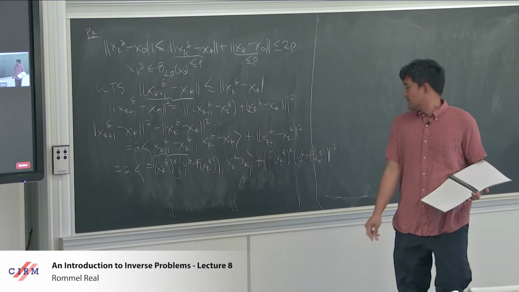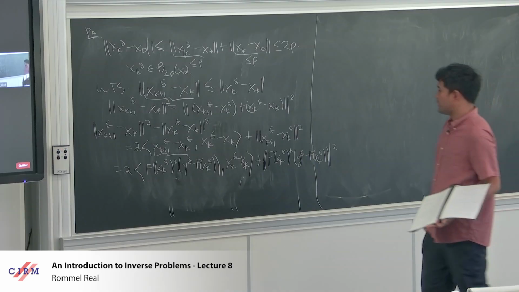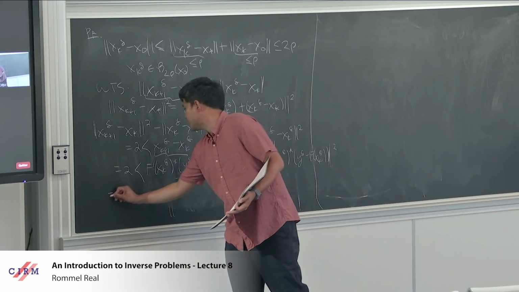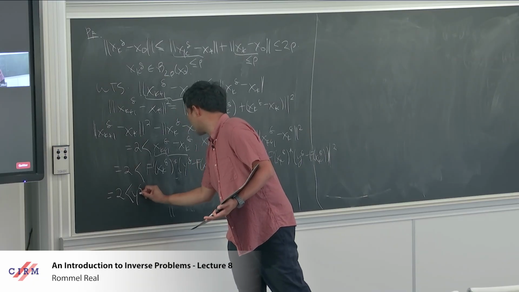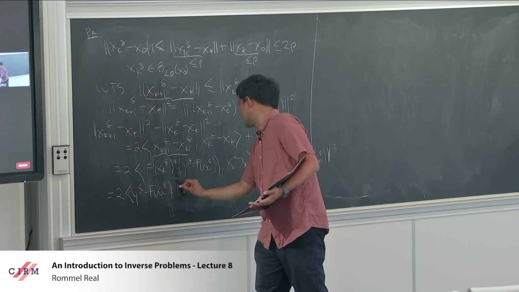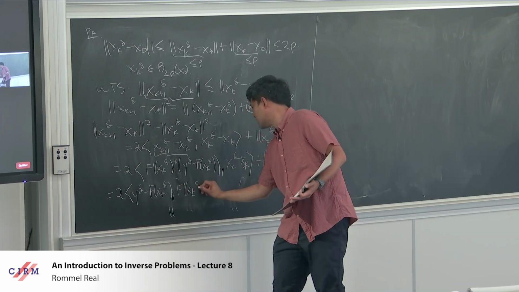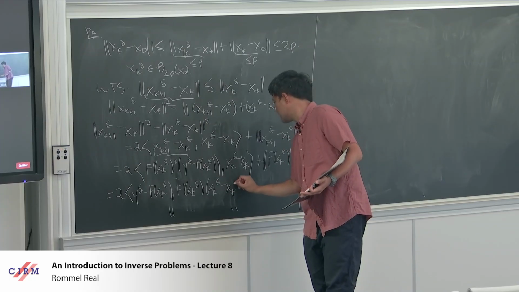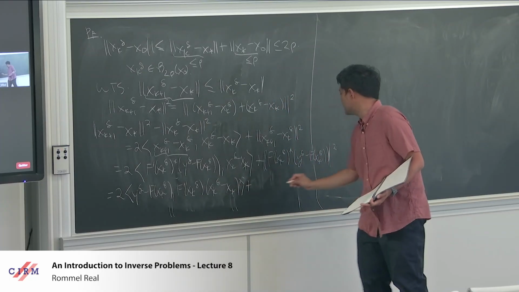Okay, and also note that, of course, this is an adjoint, so you can move this to the other side. So we'll have this one, and then we'll have plus, we'll just copy it, this one.